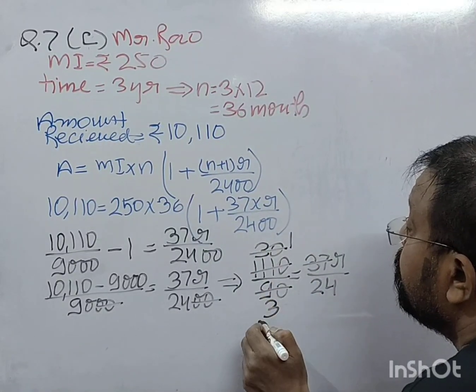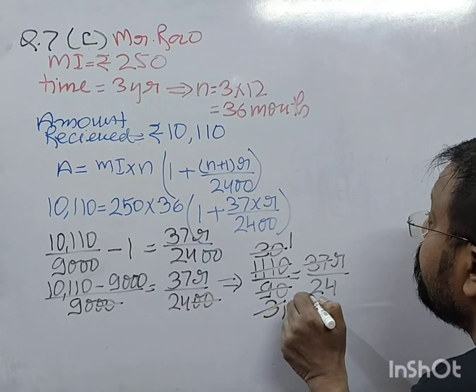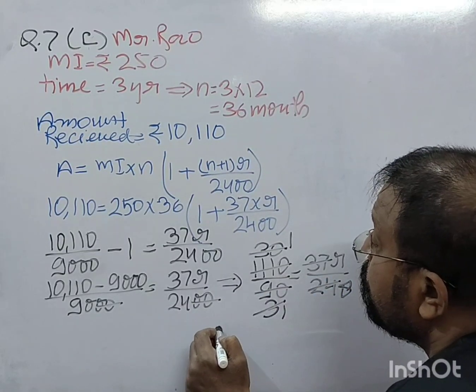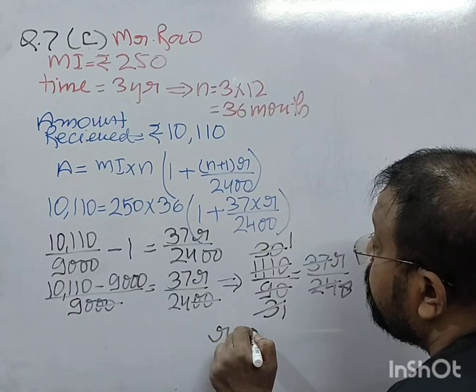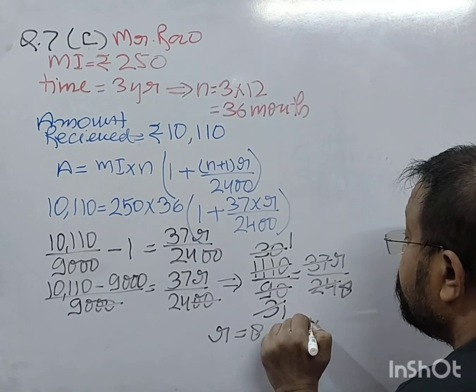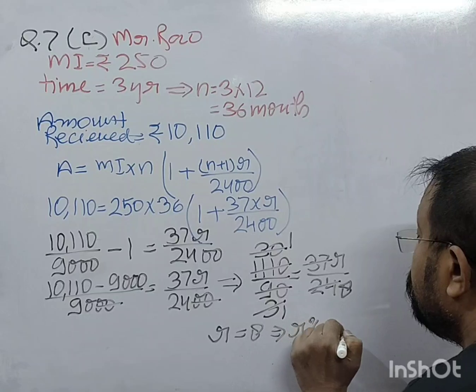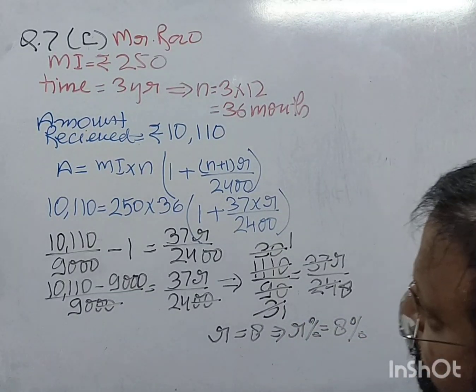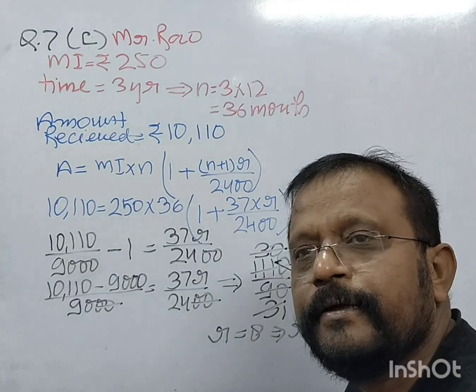So this is 3, and 8 times 3 becomes 24. So R is equal to 8. Or we can say rate percent is equal to 8%. You get this? I hope you understand.